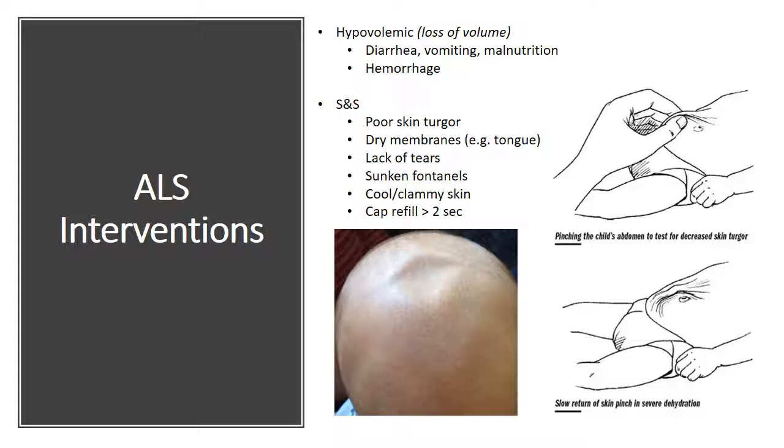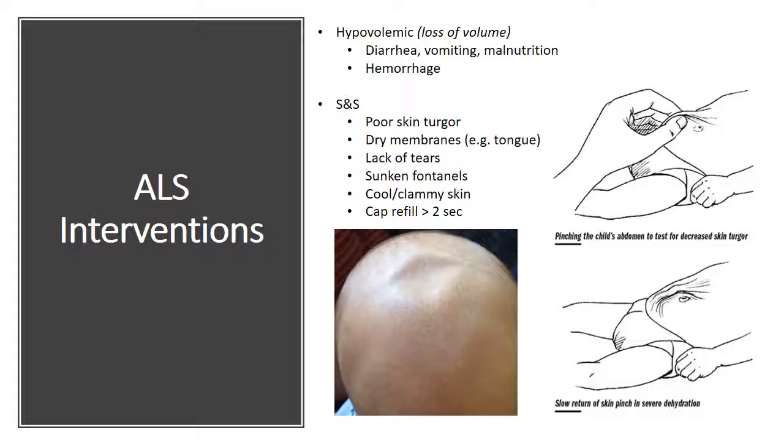So with those ALS interventions are going to come some more in-depth assessments. In terms of hypovolemic shock, which is going to be that loss of volume, that can be caused by diarrhea, vomiting, malnutrition, hemorrhage. The signs and symptoms you're going to look for are poor skin turgor, that skin tugging test.